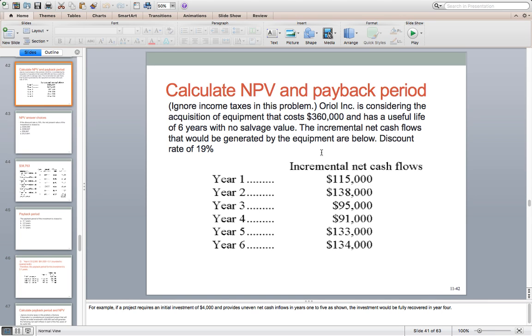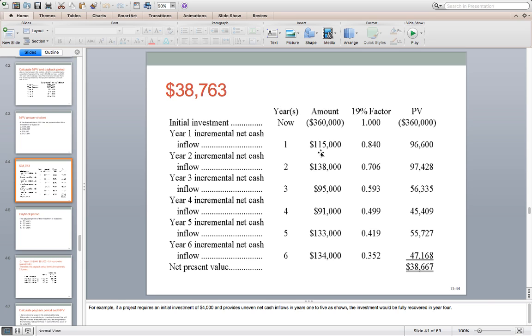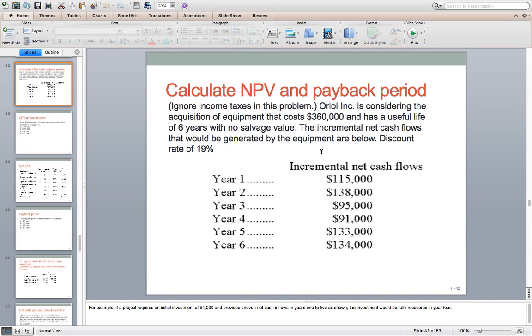Oh, this is the NPV. Oh, we want to look at payback period. Okay, so this is the payback period. So how we would look at that payback period: you would set up a table. So 360,000, and then you would minus these net cash flows.